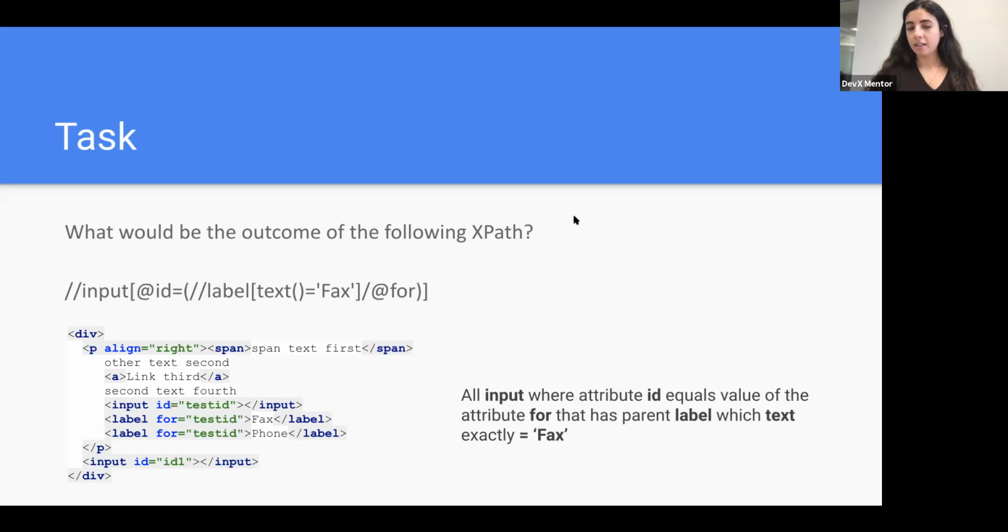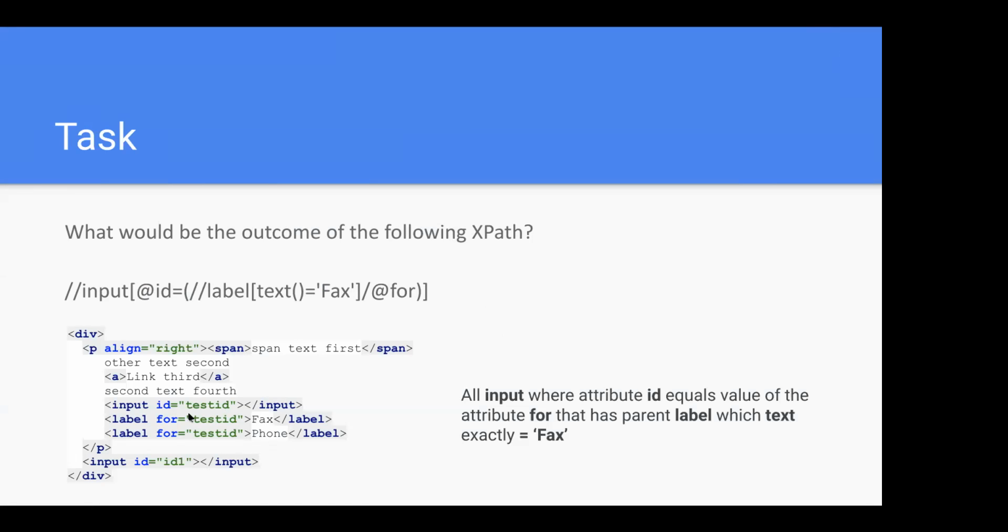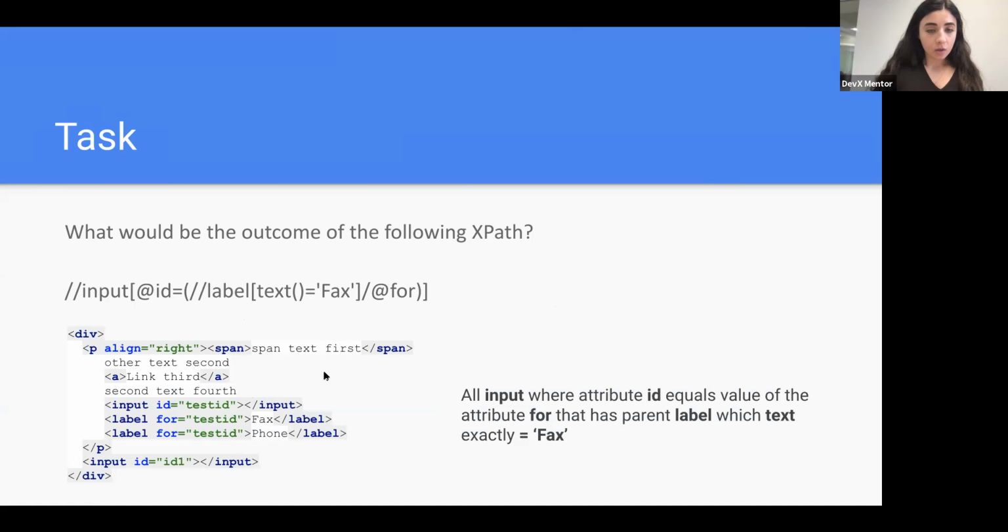Can you understand that, guys? Or I'm sorry, or you want me to show it on this? Which line is it going to pick? Label for test ID facts? Yes. So it's going to look for input and it's going to look for ID.